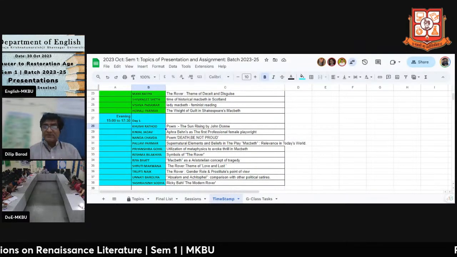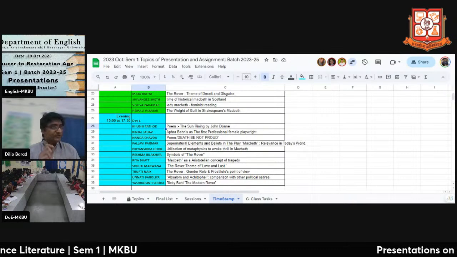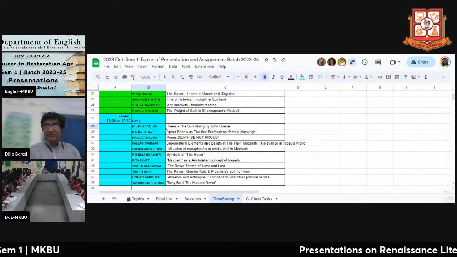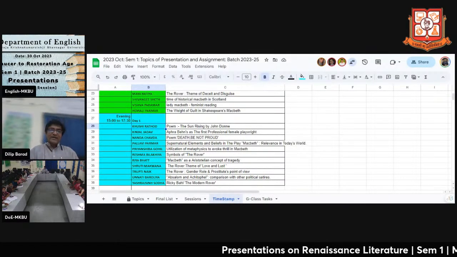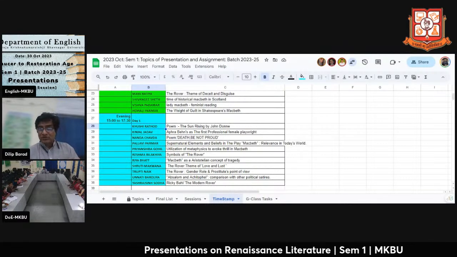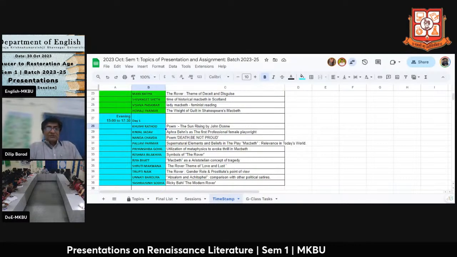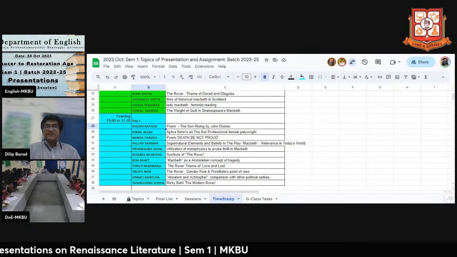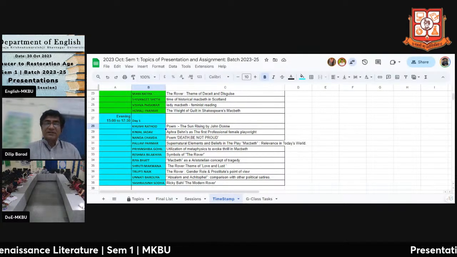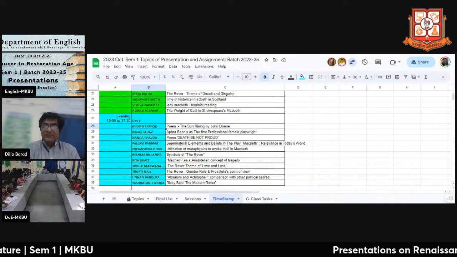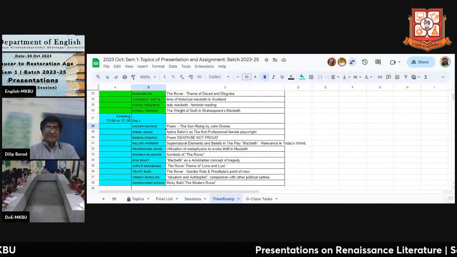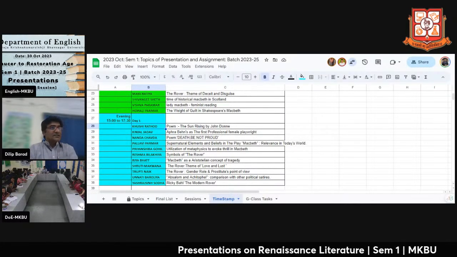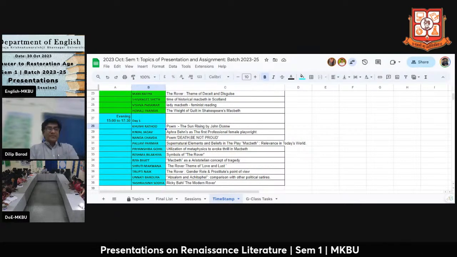So to differentiate between that, titles are written in single inverted commas and quotes in double inverted commas. But in a title, if you write in double inverted commas, then also it is not problematic. So KHUSHI, you need to check this: a critical study or critical analysis of John Donne's 'The Sun Rising', with The Sun Rising in single inverted commas.